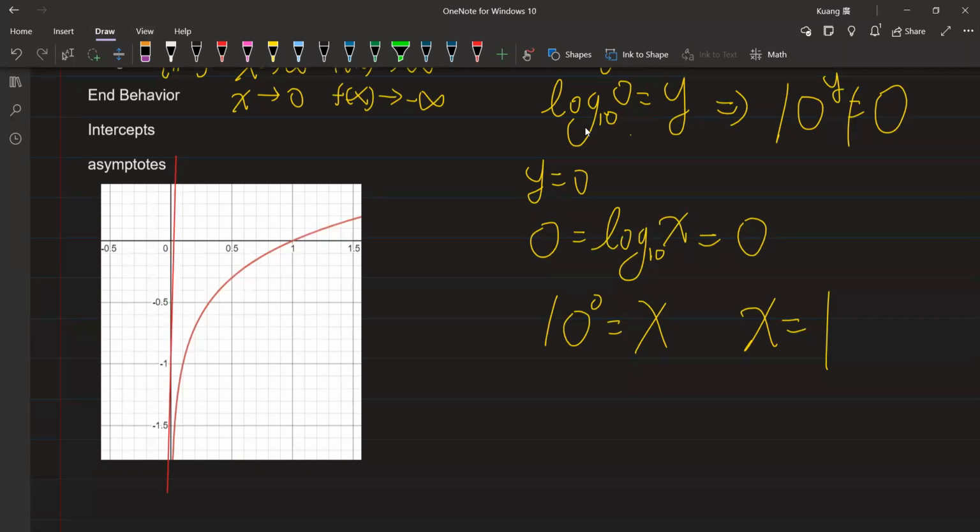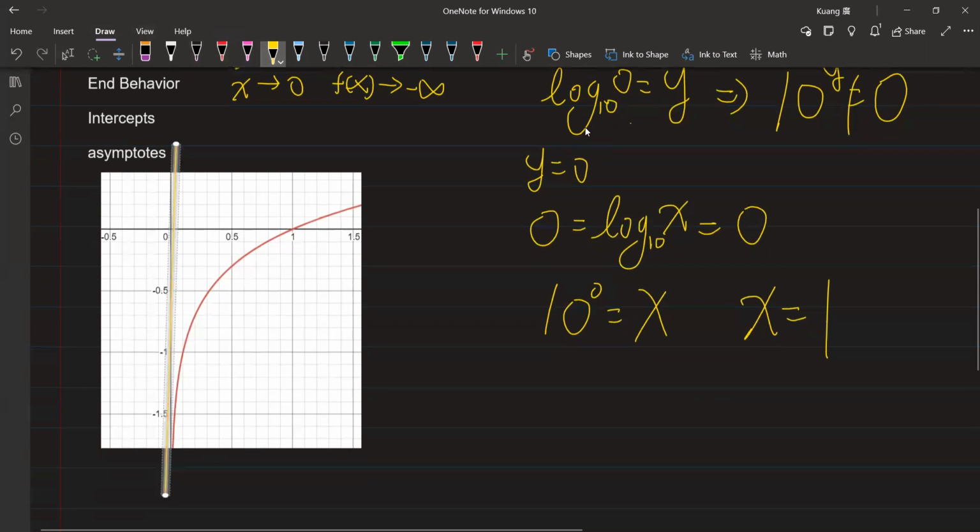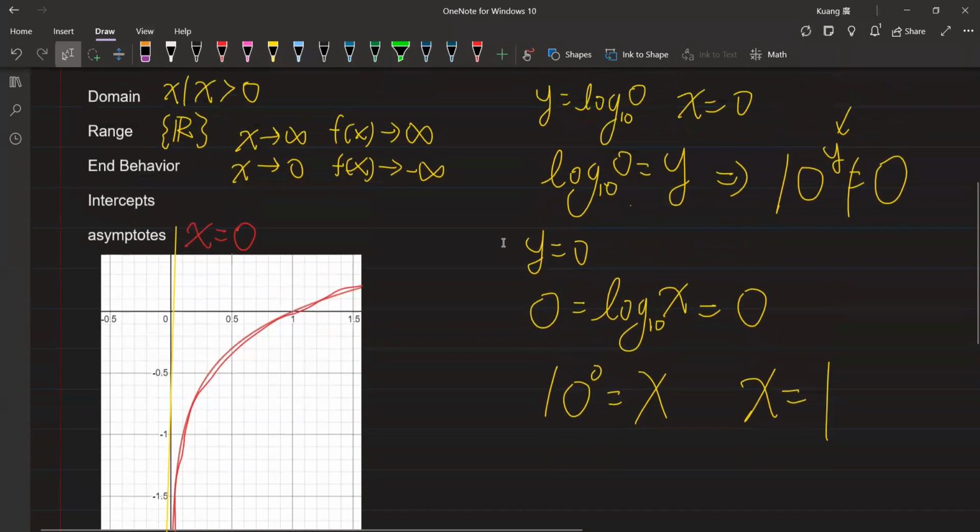For example, this vertical line we call an asymptote, because the red graph will keep approaching this vertical straight line, but never touches. The name of the asymptote is x equals 0. Actually, it is the y-axis.